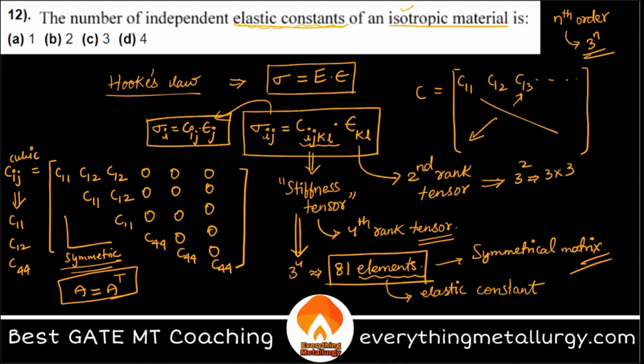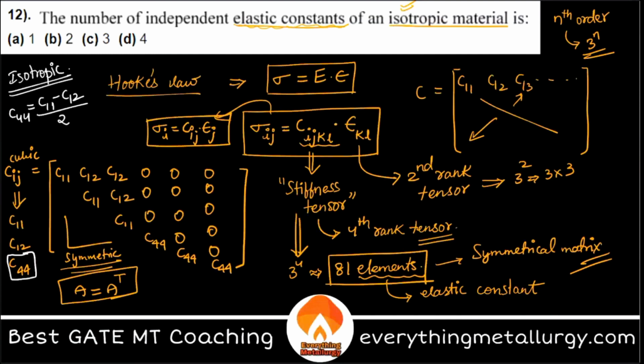Whereas when we come to an isotropic material, C44 is related to C11 and C12. So C44 can be written as C11 minus C12 by 2.